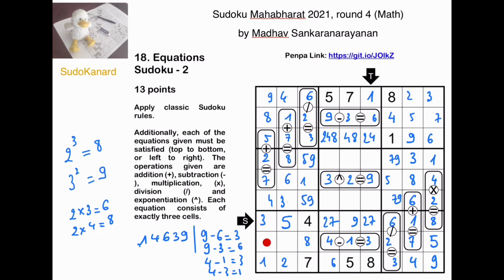We still need 6 and 9. And we just need to find what happens here. On this column, we still need 4, 8, and 6. And here we get an 8. Here a 6. That's a 4, that's a 2, that's an 8.